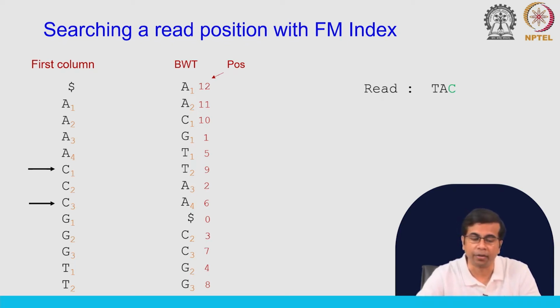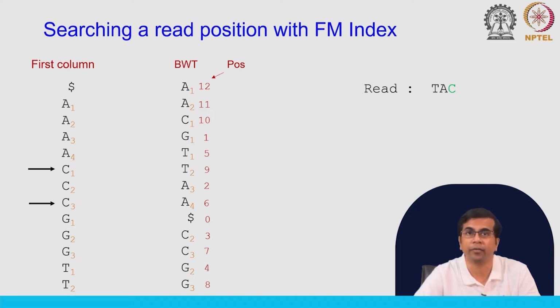Here this is C and the corresponding letter in the last column is T. It means that in the reference string this T comes before this C, because of the string rotations. Similarly, for these other two rows, you have C2 and A3, and the A3 occurs before C in the reference string. So, we will remember that.